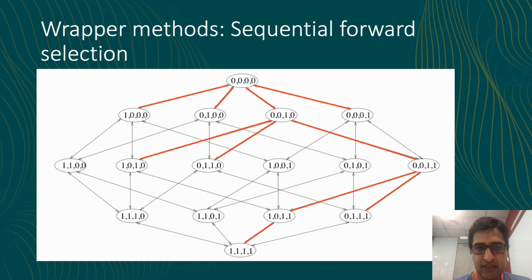In the case of forward selection, you start from 0, 0, 0, 0, and then pick up the feature in the first stage which gives you the maximum predictive power. Let's say that after having evaluated these 4 combinations, you figure out this one gives you the most predictive power. Then, with that feature selected, you find out which is the next one that gives you the most predictive power. So you find that features 3 and 4, let's say, give you the most predictive power, and then you pick up the next, and so on and so forth. And in this process, you identify at which point you should overall stop.